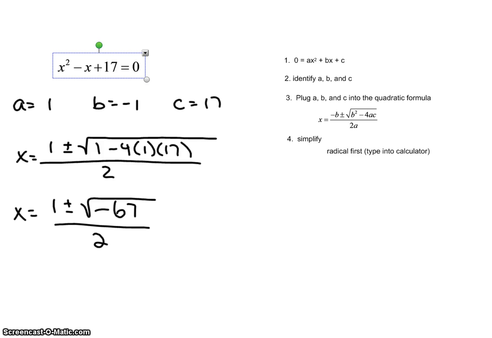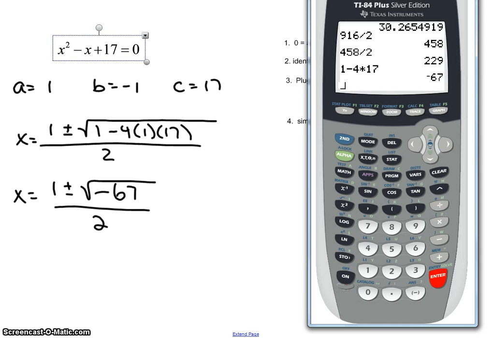All right, for time issues, what I've done is I've already set up most of this last example. So again, x squared minus x plus 17 equals 0. So again, identified a, b, and c, plugged everything in. What happened when I went in and typed that stuff in the radical, the 1 minus 4 times 17, I got a negative value.